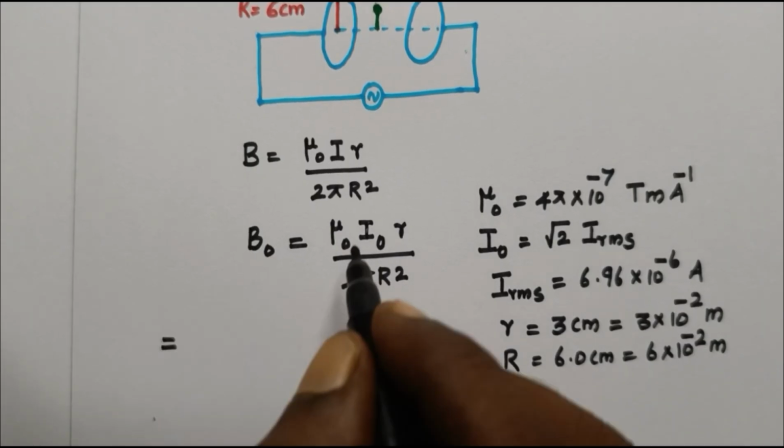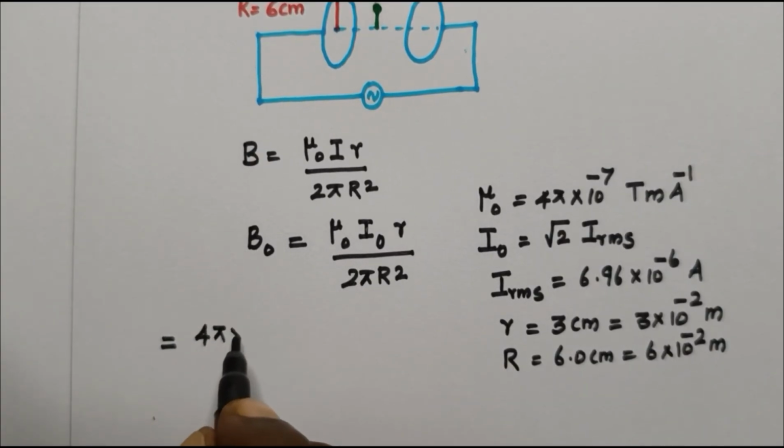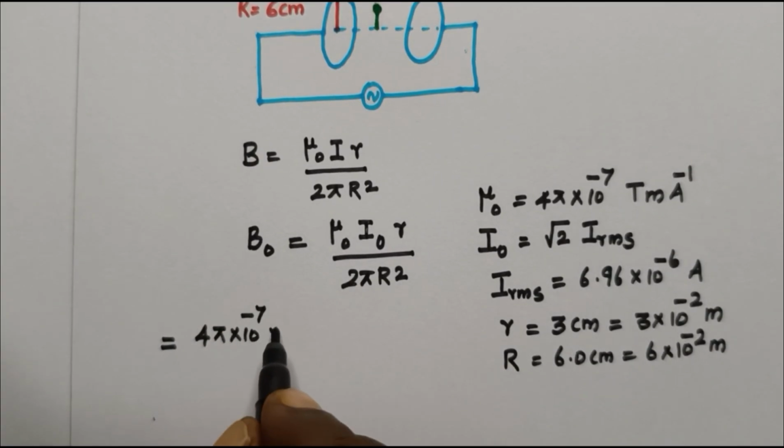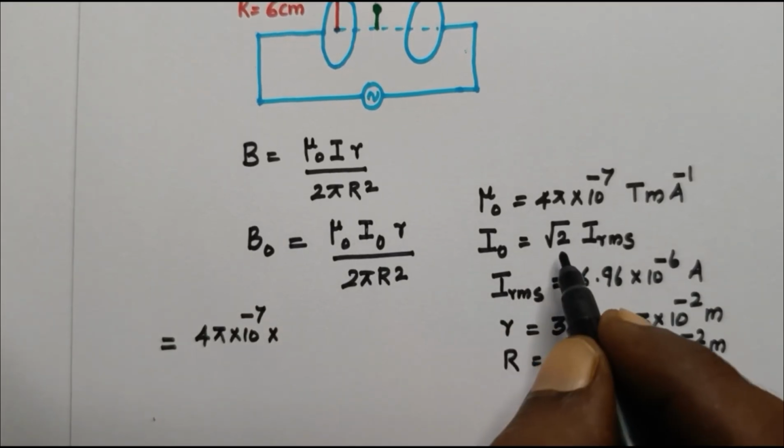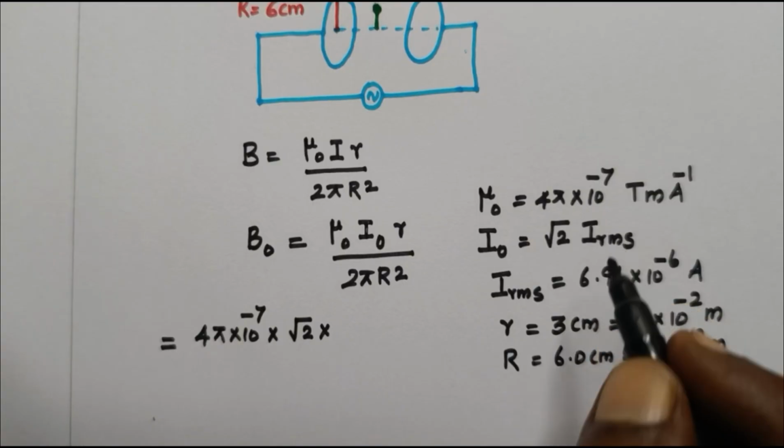This is equal to, let us substitute the values. Mu 0 is 4 pi into 10 to the power minus 7 into I0, which is root 2 IRMS. So root 2, what is IRMS?